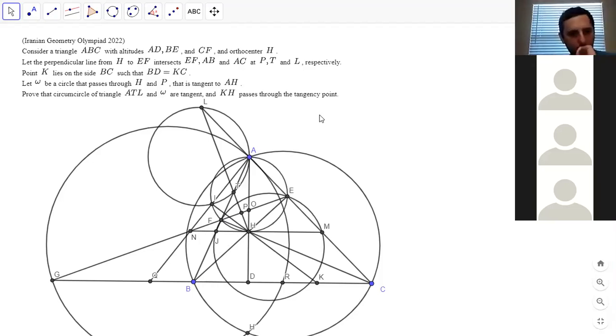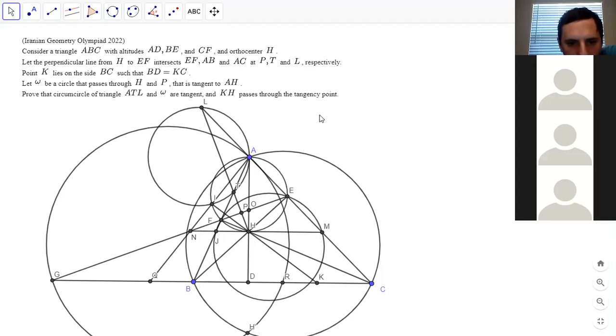If we want to use the power ratio lemma, then we need to prove that JF over JT is equal to ME over ML. Interesting. And I wonder if we could do that with cross ratios somehow.